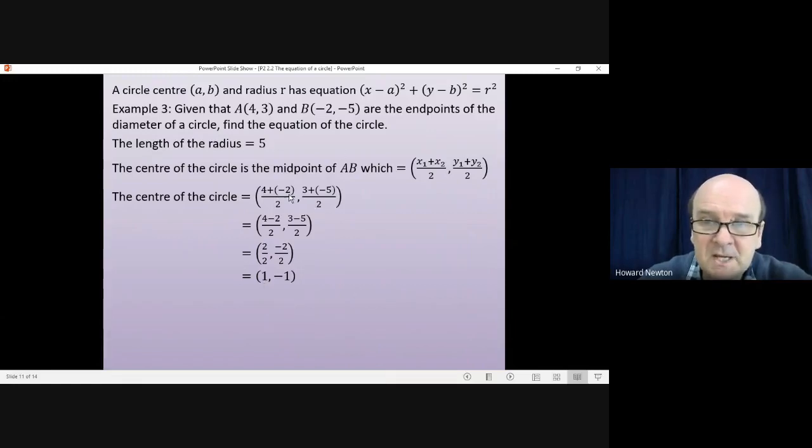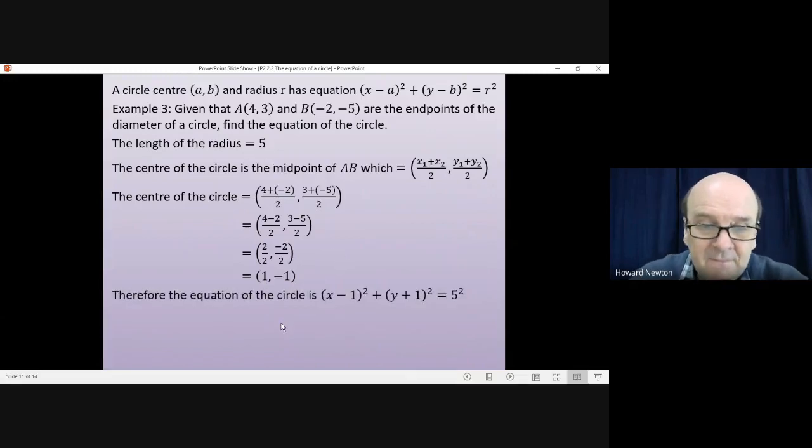So I now know the center of the circle. The center is (1, -1). I know the radius. The radius is 5. Therefore, the equation of the circle is (x minus 1) squared plus (y plus 1) squared. Be careful with the minus 1 there for the y coordinate, is equal to 5 squared. And that's the answer.